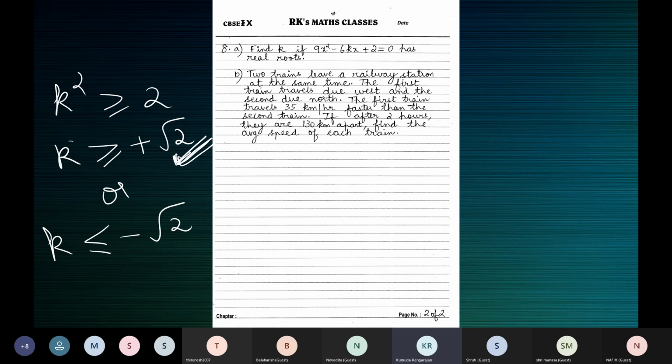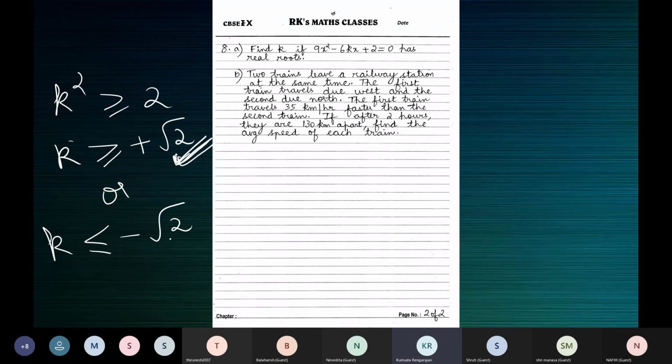K can take any value greater than or equal to 1.4. Imagine values like 1.5, 1.6, 2, 3, 4, 5, 10, 11, 100, 1,000, 1 lakh, any value. For all those values of k, the quadratic equation will have real roots.